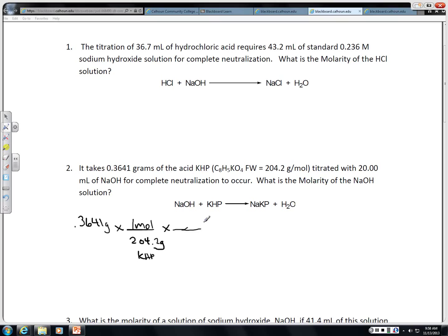I think the next two problems we have, well, I think it's the last one we don't have a 1-to-1, but it is common to just have a 1-to-1. So this is our KHP, and this is NaOH.